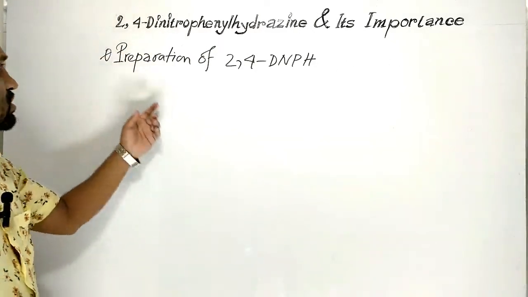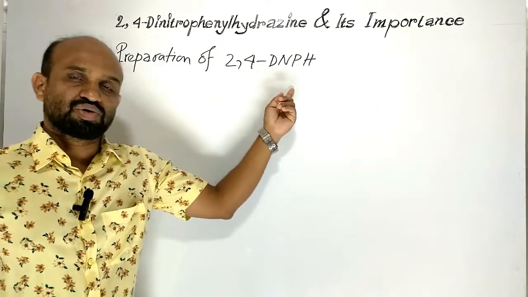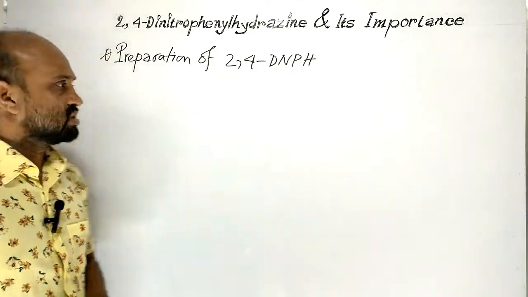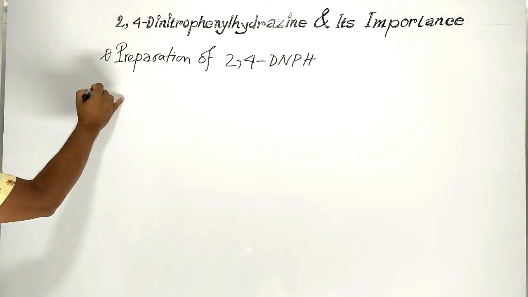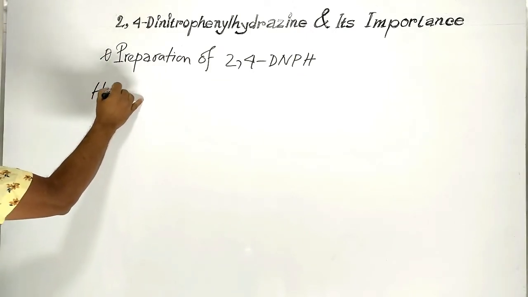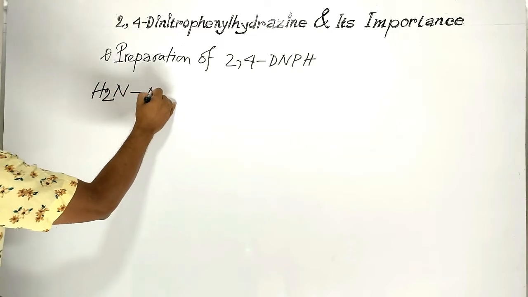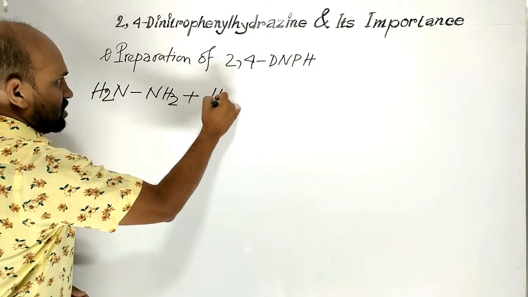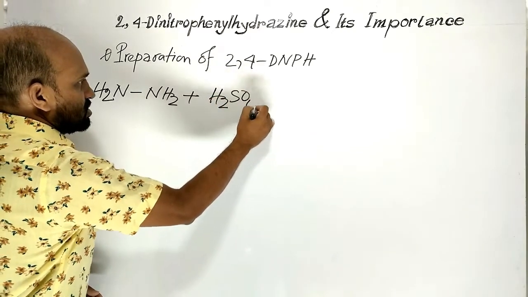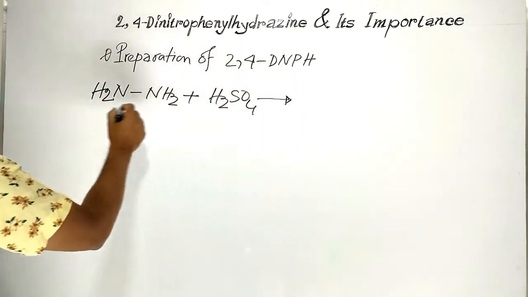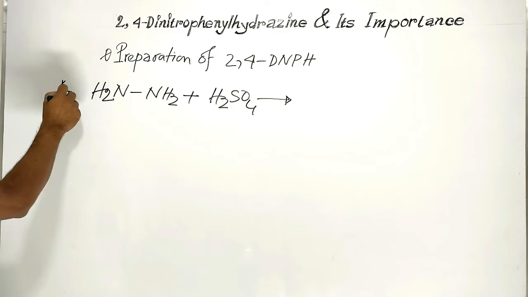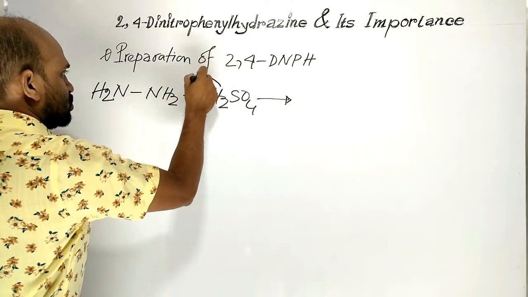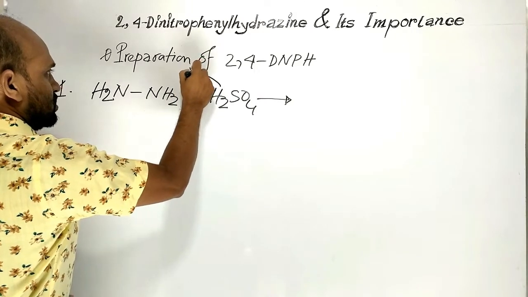Now, preparation of 2,4-DNPH. Let's look at the matter. Here, hydrazine is taken and sulfuric acid. This can be step 1. Sulfuric acid donates proton.